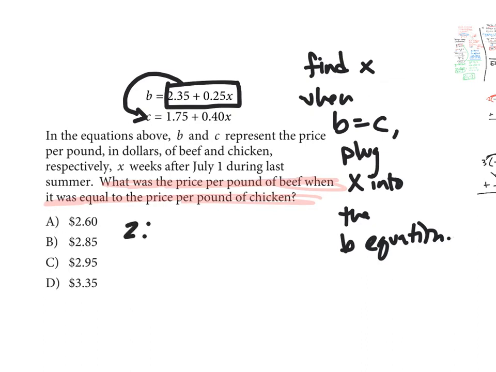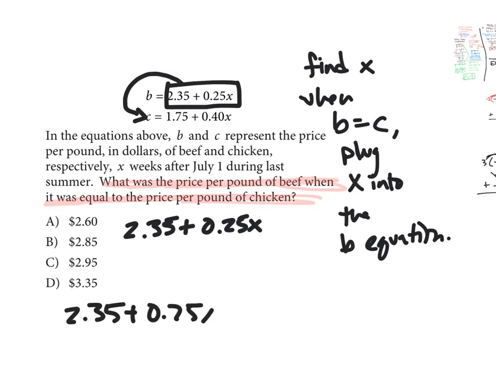I'm going to get 2.35 plus 0.25x is equal to 1.75 plus 0.40x. And I want to solve that for x.